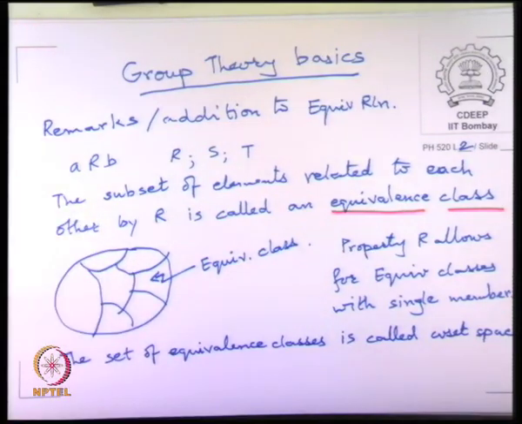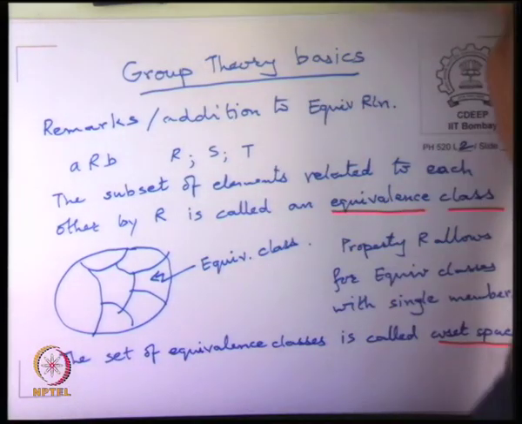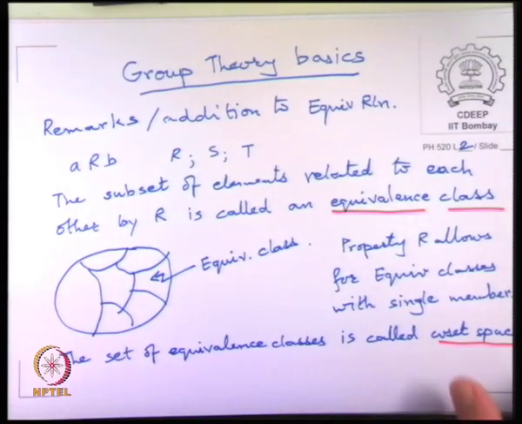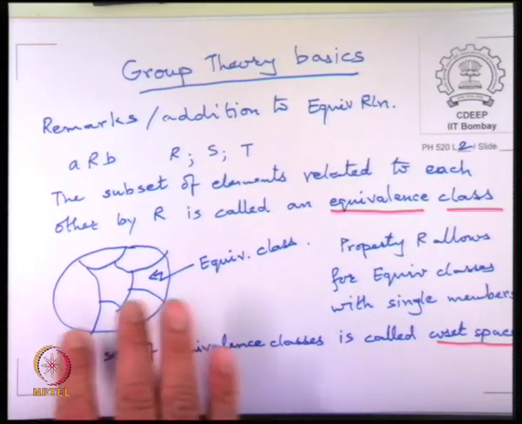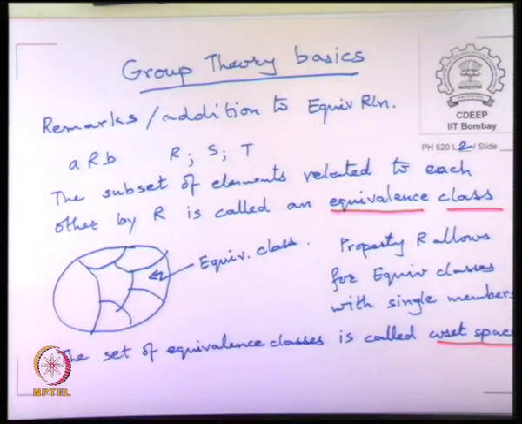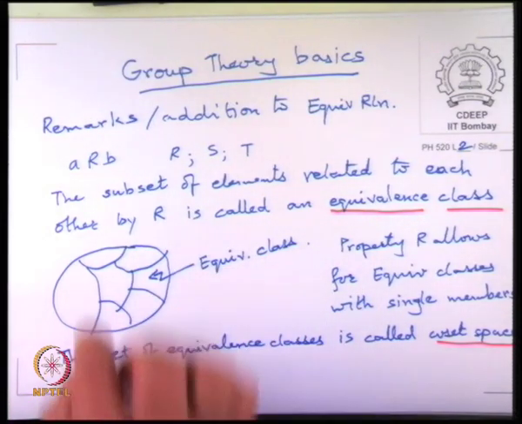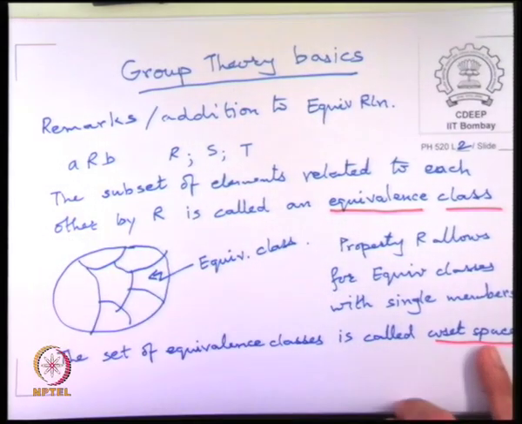We will see more about coset spaces later, when the equivalences are themselves more refined. Here our equivalence relation R is very primitive, but we will see more advanced kinds of equivalence relations, and there the coset space idea becomes more important. What we have drawn here is effectively the whole set and equivalence classes in it, or equivalently you can think that we have drawn the equivalence classes which make up the coset space.